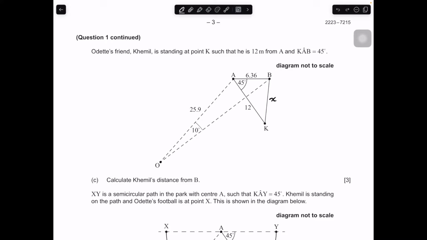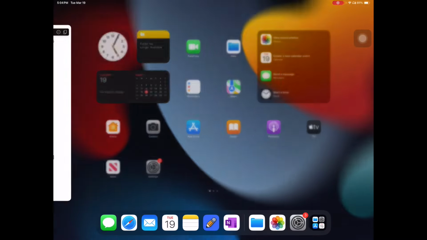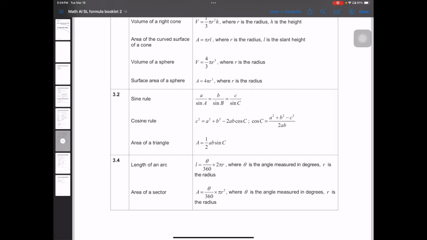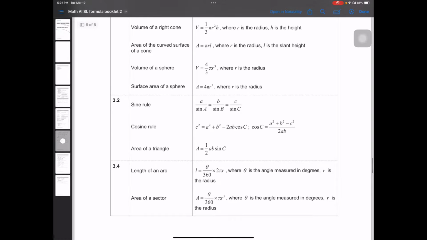The cosine rule will work when we have 3 known side lengths, or a situation where we have 2 side lengths and an angle that is opposite the side length that we are concerned with. The cosine rule is actually kind of similar to the Pythagorean theorem. It's pretty lengthy. It's in your formula booklet, of course, under trigonometry, 3.2.